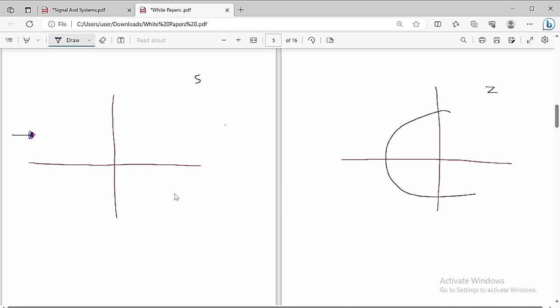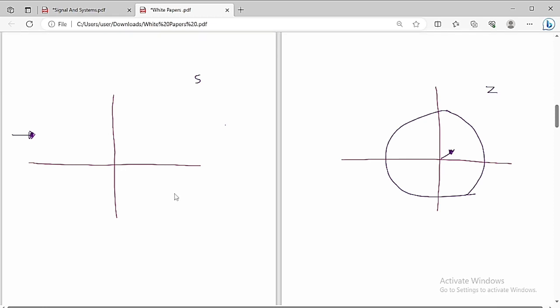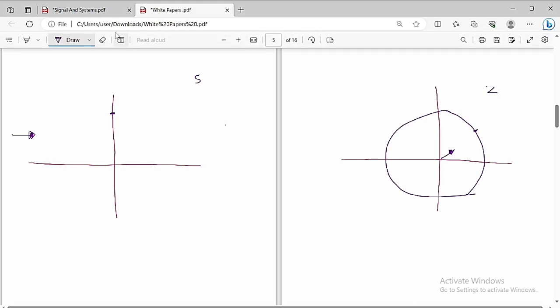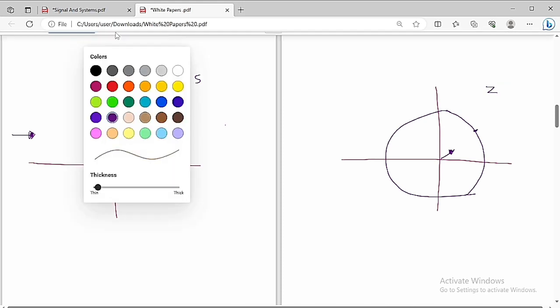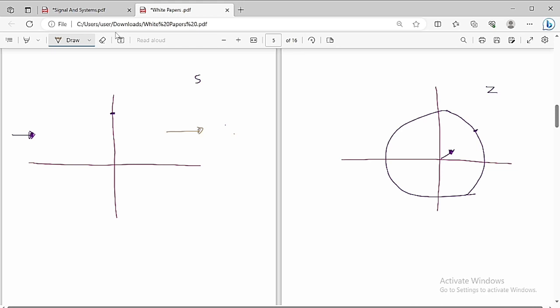As you move from here, you will move in this direction. Suppose if you are present here, then it will be present here. Suppose you move again towards the origin of the S plane, if you move here, then this will go here.